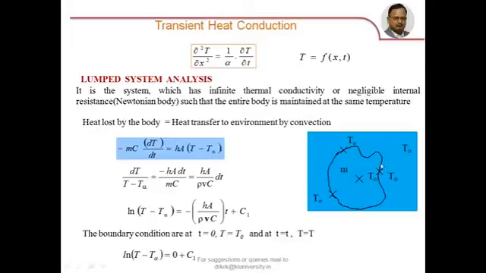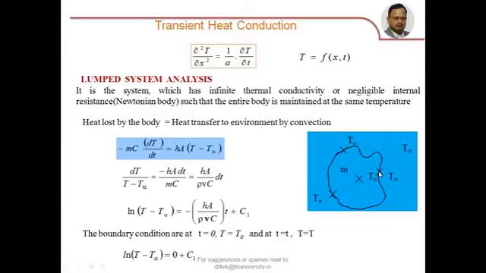For example, let the temperature of the body be 300 degrees centigrade initially. So throughout the body, any point you take, the temperature is 300 degrees centigrade. Imagine it is cooled now. So surface temperature drops from 300 to, imagine, 200 degrees centigrade.